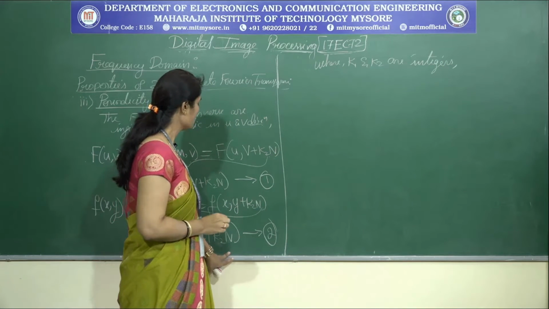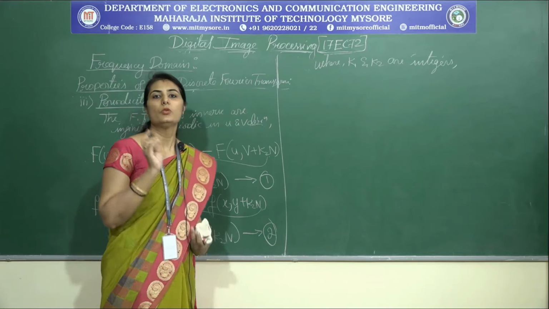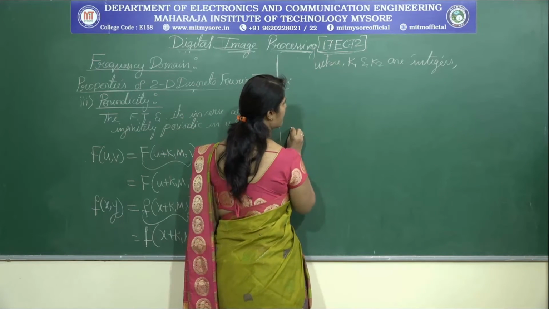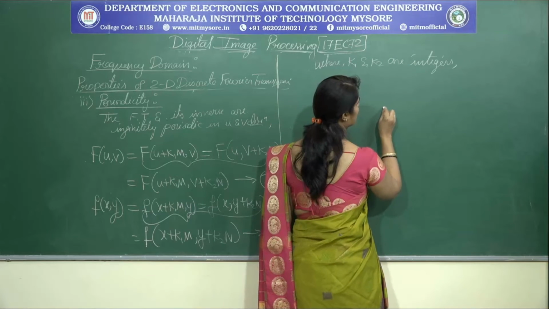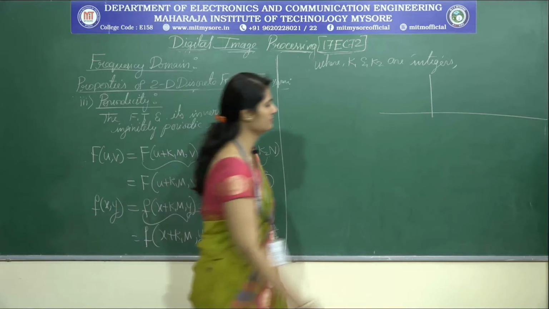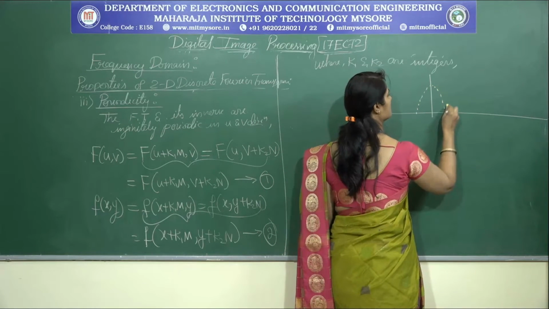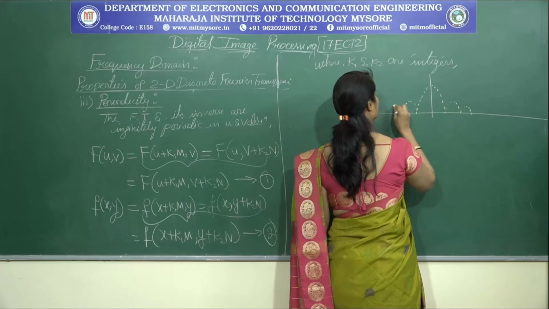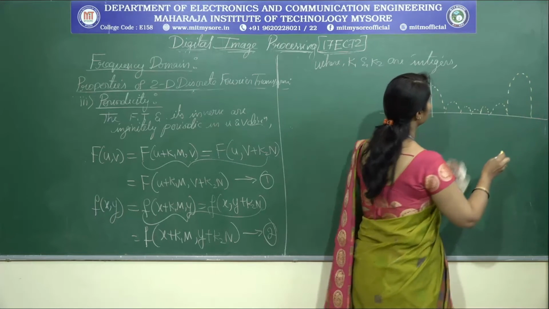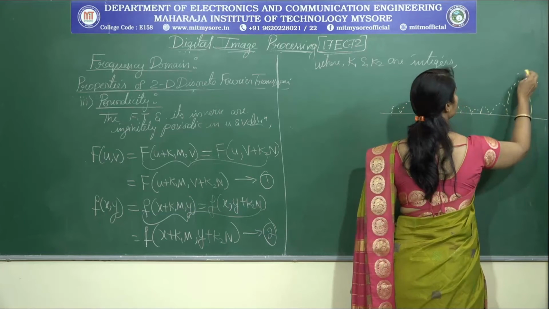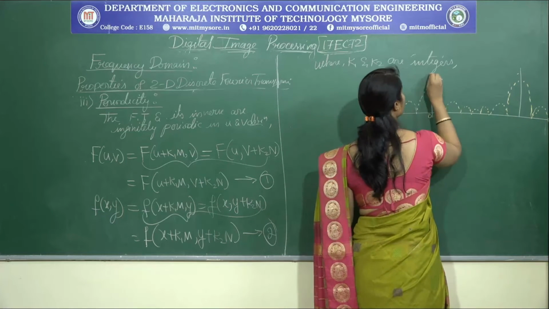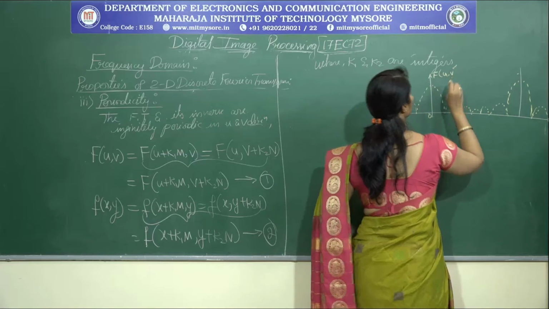Now, in order to illustrate this periodicity, let me consider a one-dimensional discrete Fourier transform signal. Let me write it here. This is F of u.